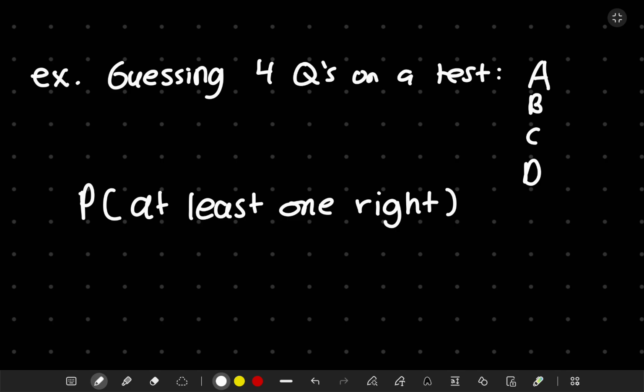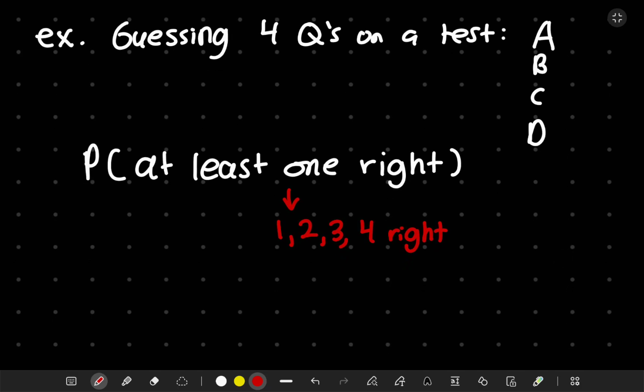Not quite. The idea of at least 1 right means I can get 1 question right, 2 questions right, 3 questions right, or 4 questions right. Those are so many options, and I have to figure out each and every single possibility. Instead, one of the things we like to do as mathematicians is make it easier for ourselves. Why do more work when less work is better?